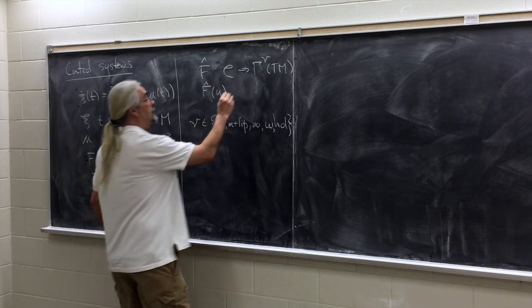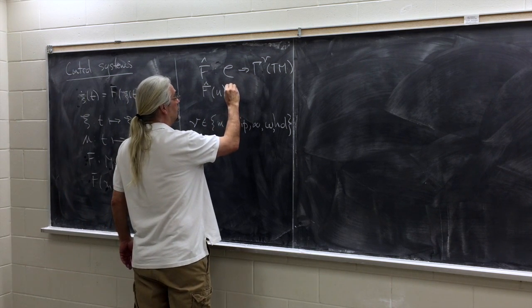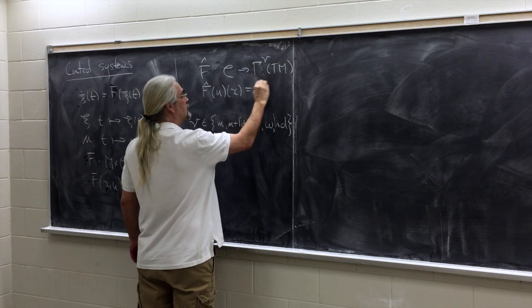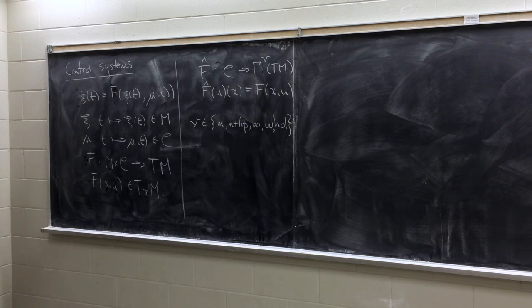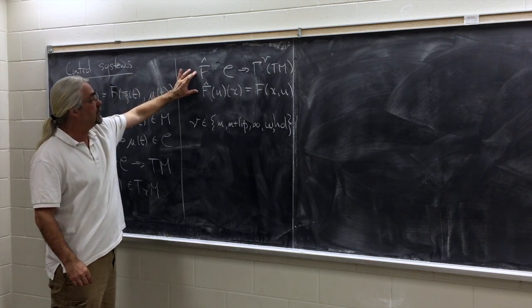Okay, and this map is going to be then evaluated at a point x. This is, of course, f of x u. Okay, so for a given f, you have a map from the space of controls into the set of vector fields. Okay? And so what we do is we prescribe the properties of this map.